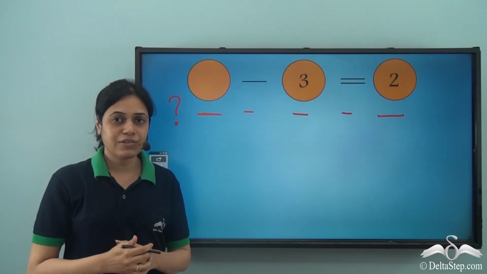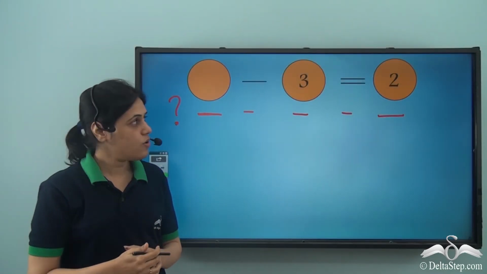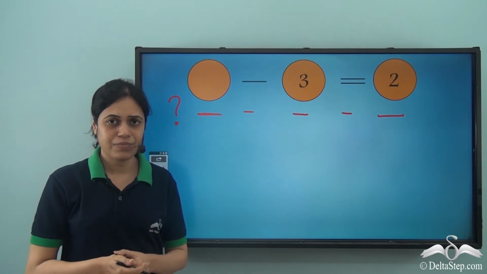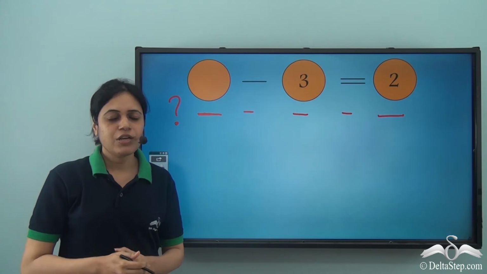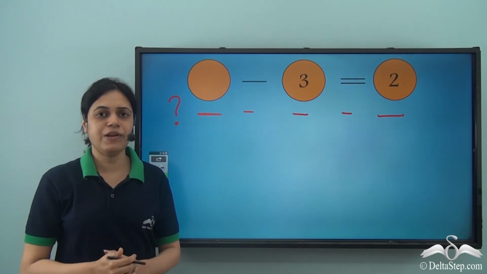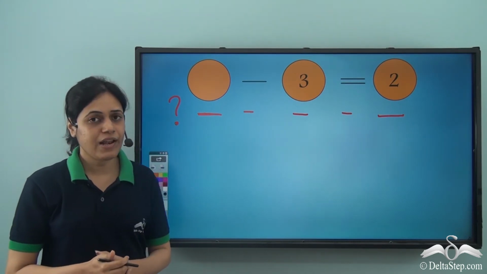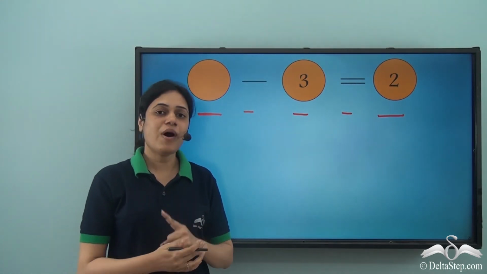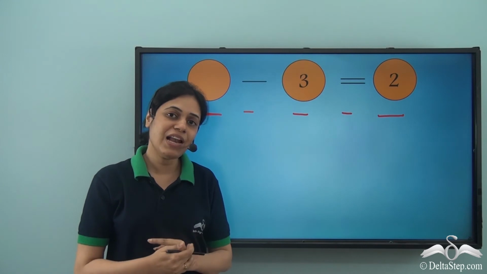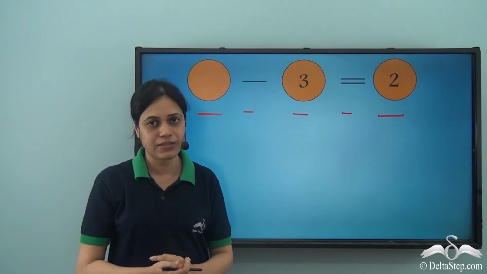But the method which we used just now took a lot of time and it involved a lot of subtractions. So how can we do it in a simpler manner? Well, I gave you 3 cupcakes. So one thing to note was I will have more than 3 cupcakes.